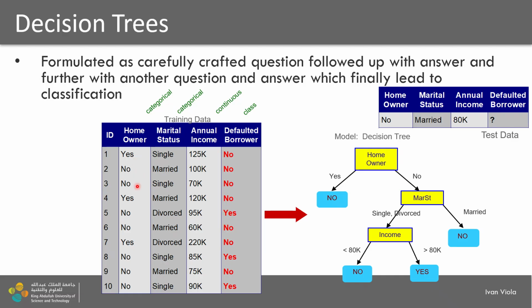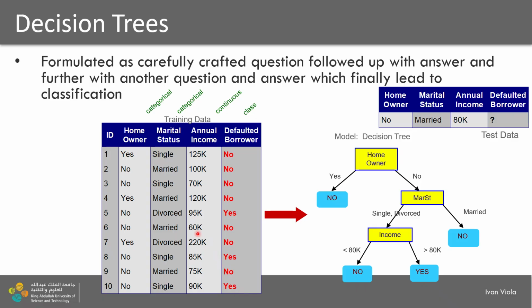We can see that in this attribute space, we have attributes which are of a categorical nature. This is actually a binary one. This one is a categorical attribute. This attribute is continuous. And this is the class which we are training for.